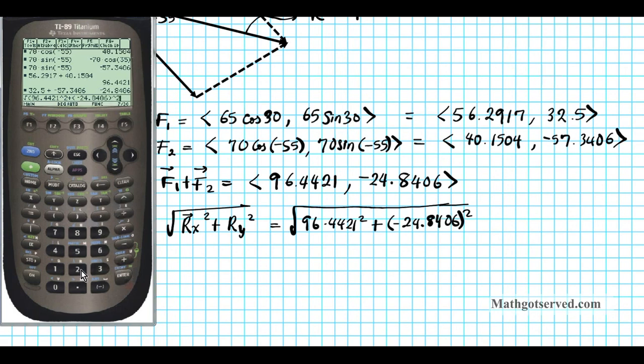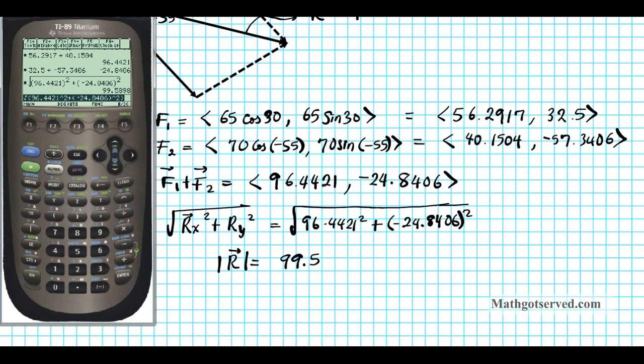Alright, now let's find the direction. The direction, let's call it theta, of the resultant vector r is going to be the inverse tan of the y component of vector r divided by the x component of vector r.